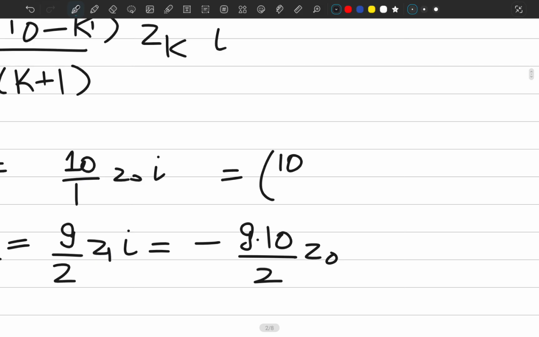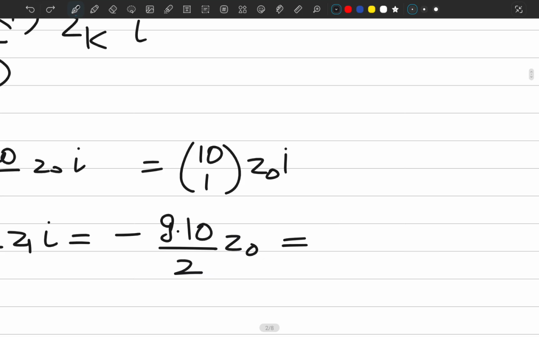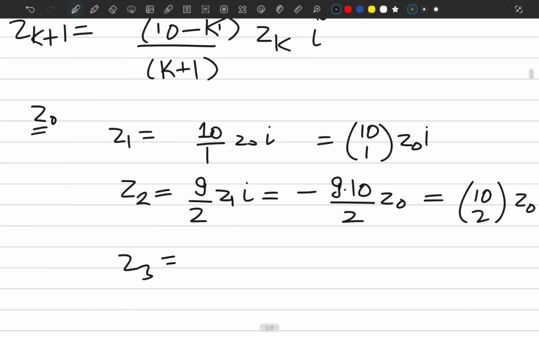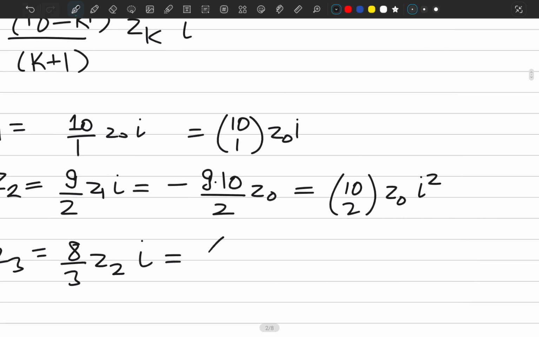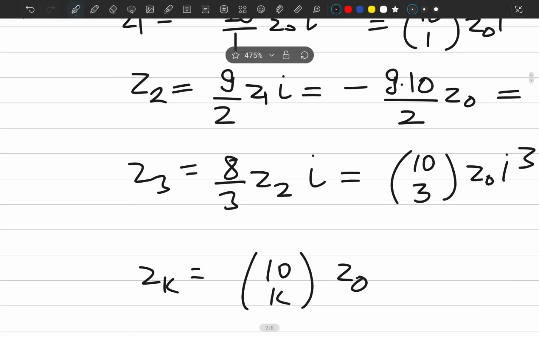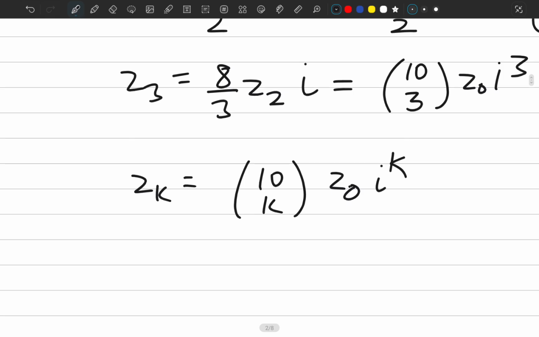So this is minus, or you can say iota squared, 10C2 z0. Similarly, z3 will be 8 by 3 z2 iota. That will give us 10C3 z0 iota cube. So we can say that zk is equal to 10Ck z0 iota to the power k, right?